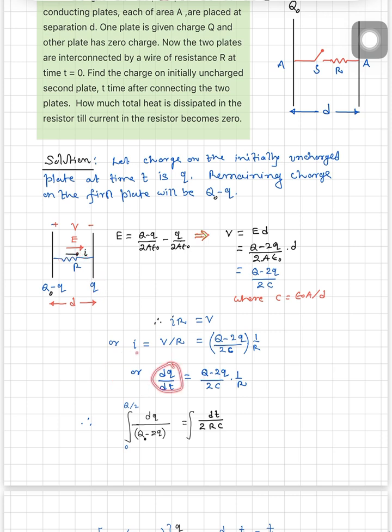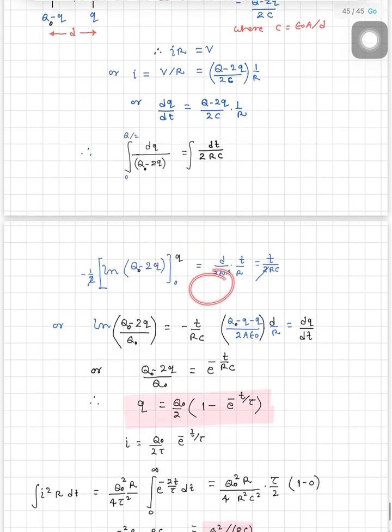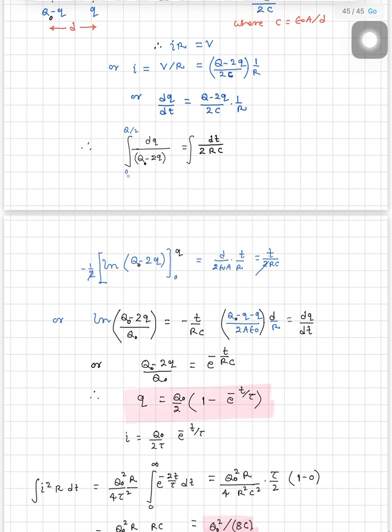So dq by dt is this much, V by R, and if we rearrange the terms, with this term below in the denominator, so that small q is on one side and the remaining terms on this side, then we can integrate it, with the limit 0 to q in general, and time limit 0 to t, right.